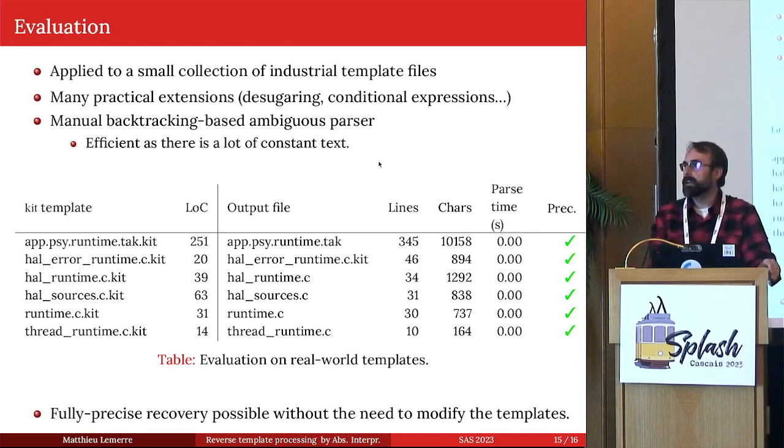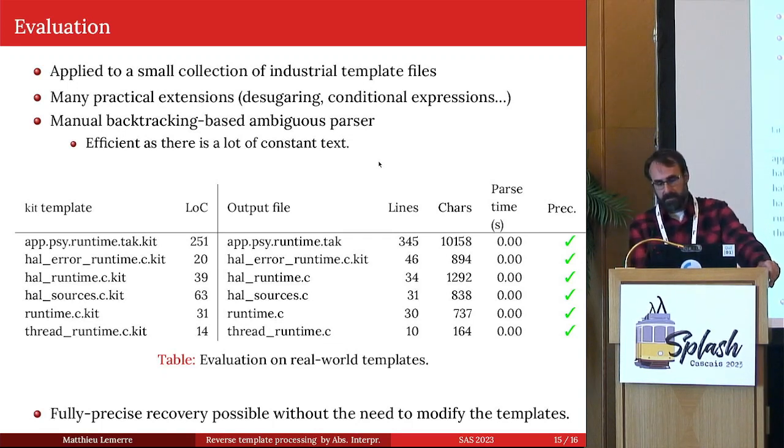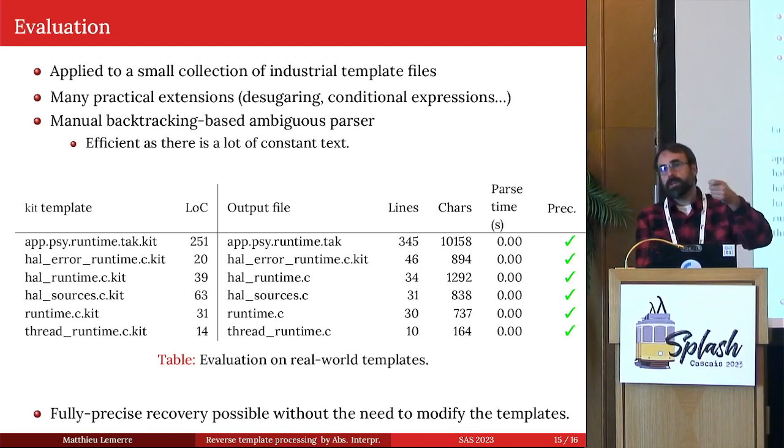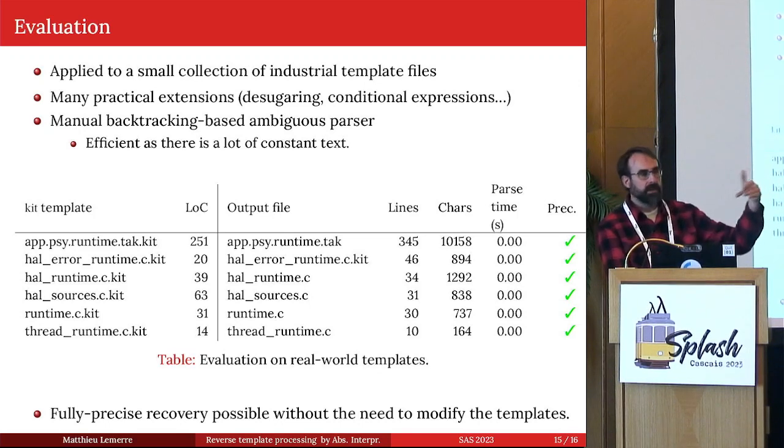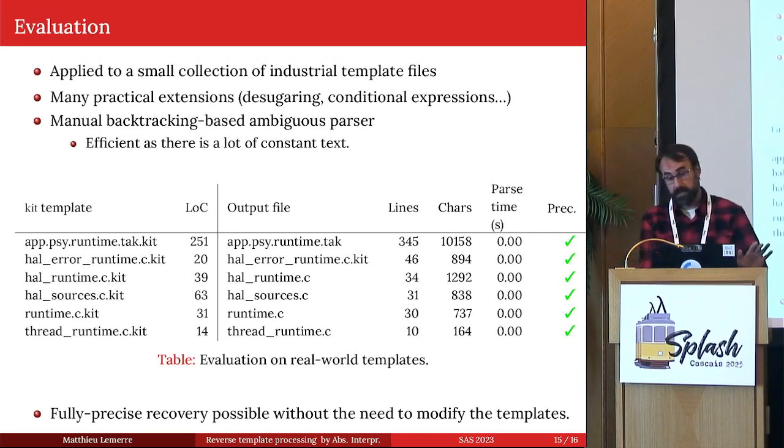Initially we used a parser generator, it was DeepGen, and it was very awful in performance, whereas the manual backtracking version works very efficiently. One of the reasons why backtracking works so well in this case is because in templates you have a lot of constant text, so often you backtrack immediately. You don't have to analyze a lot of text before realizing that you need to backtrack. So actually it's almost linear.